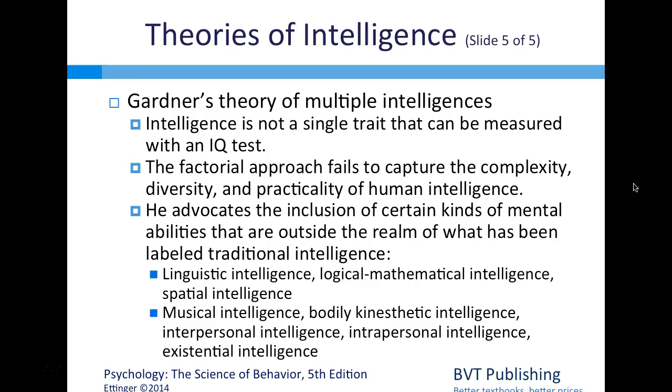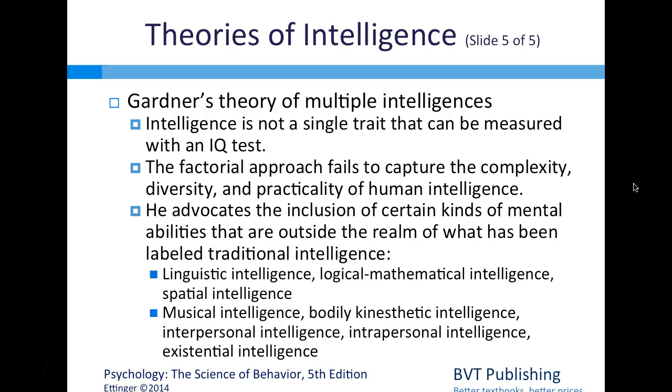Okay, Gardner. So Harvard University's Howard Gardner outlined a view of human intelligence that reflects both his dissatisfaction with the idea that intelligence is a single trait that can be measured with an IQ test, and his belief that the factorial approach to describing the structure of human intellect fails to capture the complexity, diversity, and practicality of human intelligence.